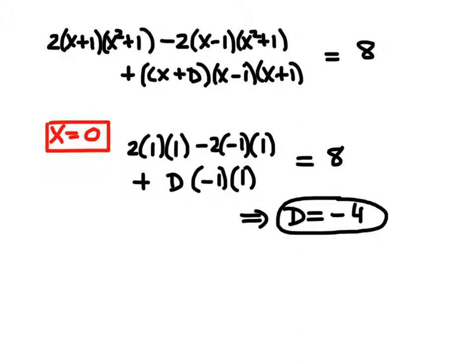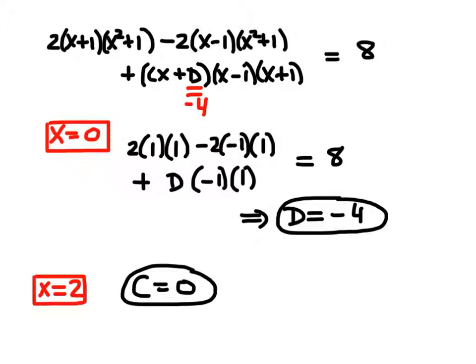So that leads us to D being negative 4, and to complete the job, we're going to put that minus 4 in for D here, and then we're going to choose x to be anything else because the equation now is only involving C. So I'm going to choose x to be 2. You plug 2 into this equation for x, and we'll solve for C. And when you do that, you're going to find that C is 0. So that's a good little exercise to do on your own to check that this makes sense.